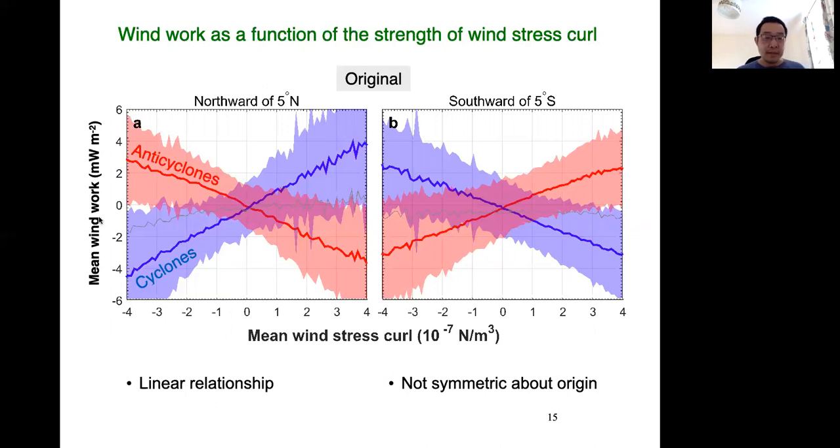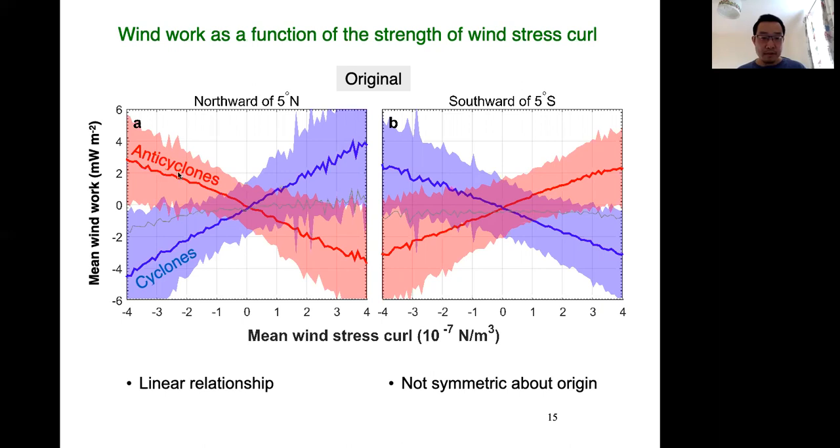Again, the y-axis shows the mean wind work averaged over the eddy area, and the x-axis is the mean wind stress curl averaged over the eddy area. The left panel is for the ocean northward of 5 degrees north, the northern hemisphere, and this is for the southern hemisphere. These two figures are generated using original wind stress, which includes the relative wind stress damping.